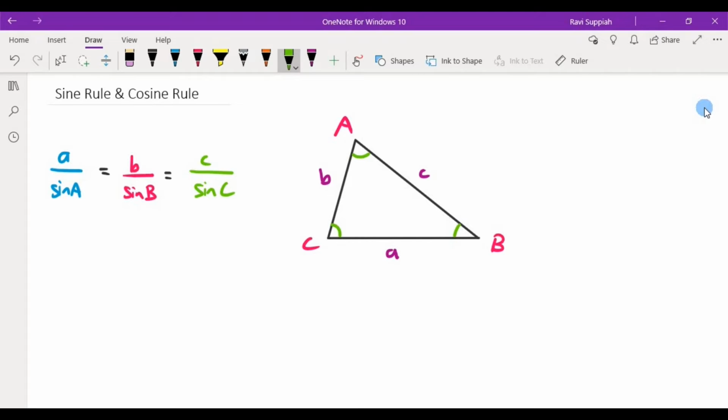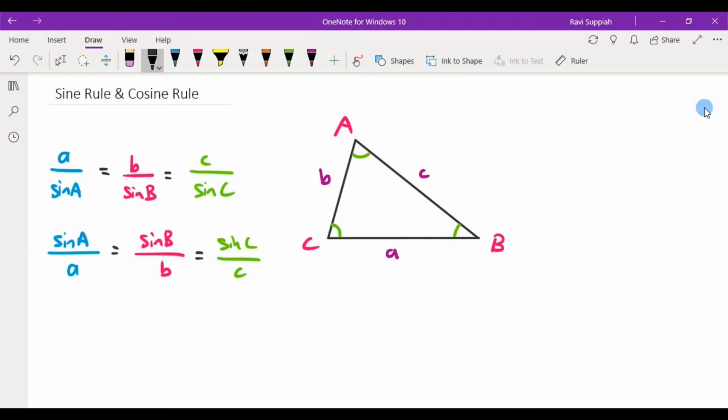That will look like sine A over a equals sine B over b, which equals sine C over c. So that is basically your sine rule.